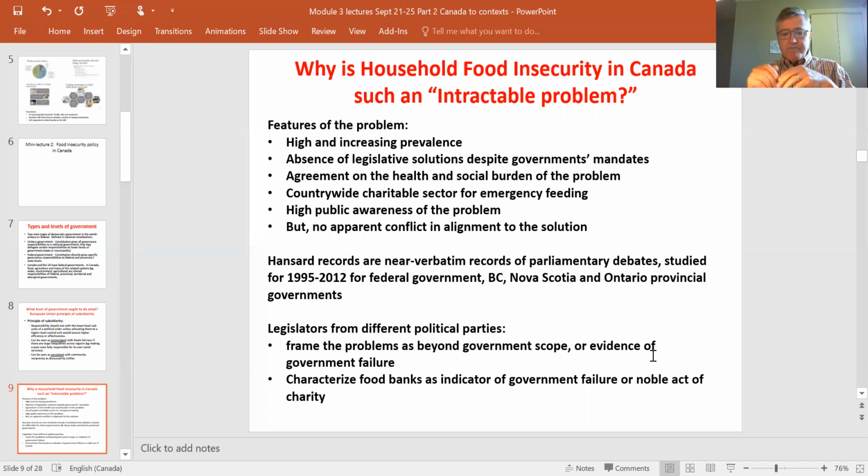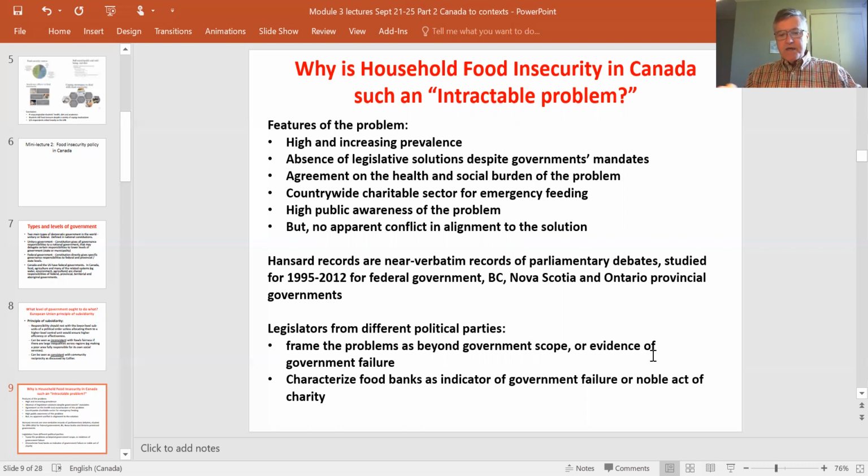Some of them frame this as beyond the scope of government. So, say at the Canadian level, they say, well, that's not our job, to be responsible for household food insecurity in Nunavut or somewhere else. That's someone else's job, or not a government job at all. Or on the other hand, people see it as tremendous evidence of government failure.